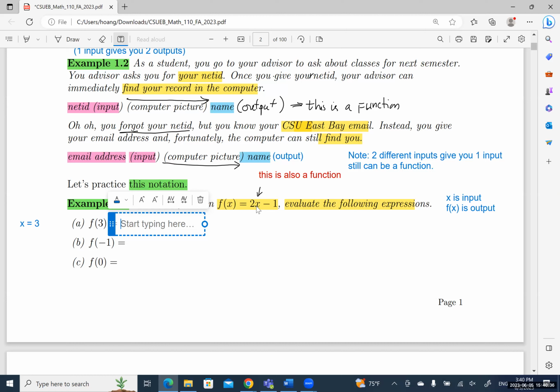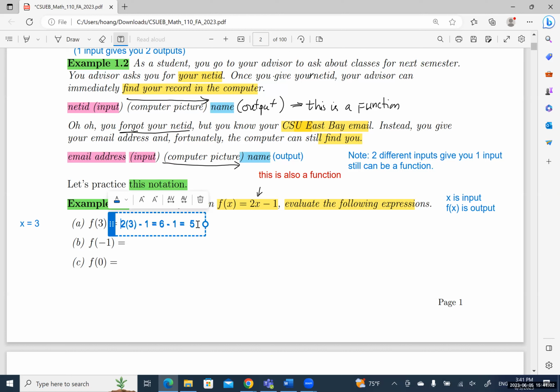So I have 2 times 3 minus 1. Okay, 2 times 3 is 6, you know that, right? And you minus 1 and you get the number 5. So 5 is the output right now.